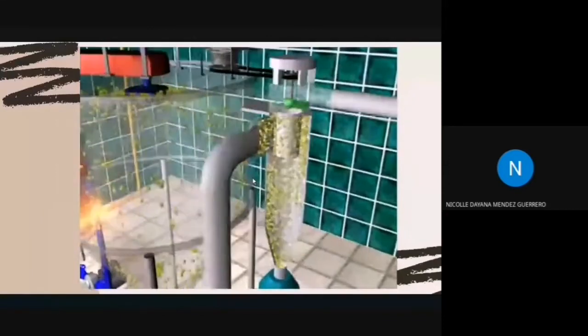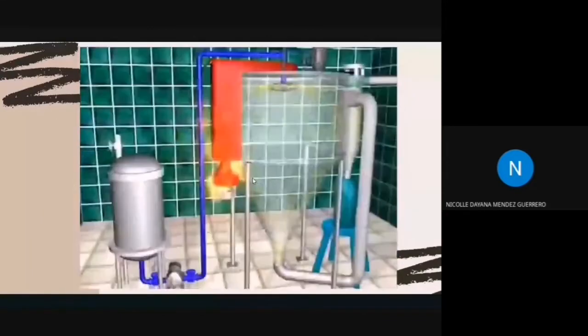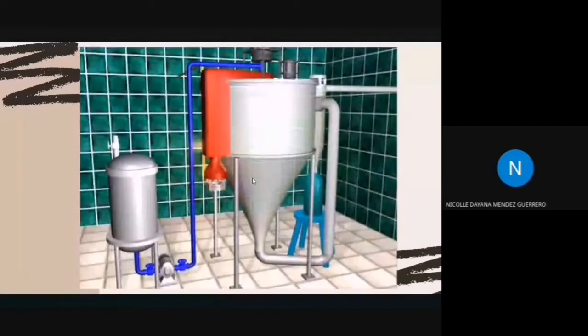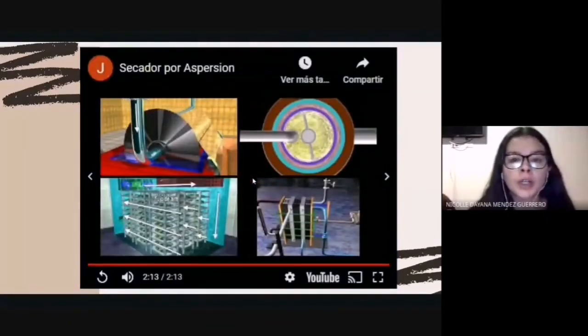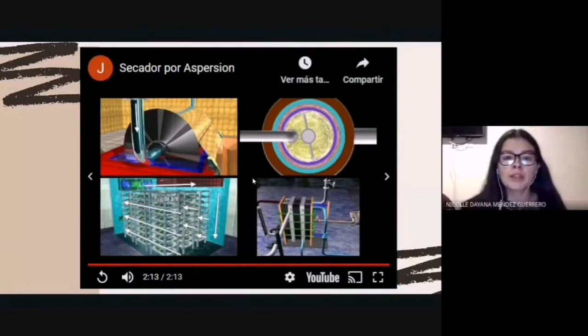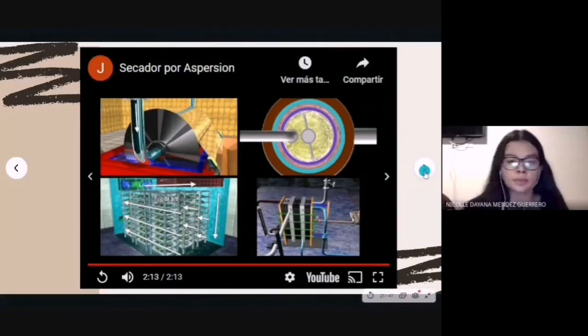It is necessary to ensure that wet droplets or particles don't cool or adhere to a solid surface before they have dried. Therefore, large chambers are used. The dry solids exit the bottom of the chamber as a cone, and exhaust gases flow into a cyclone separator to filter the very fine particles.